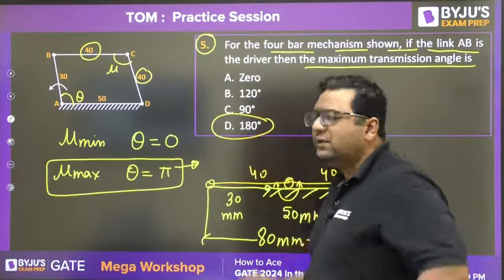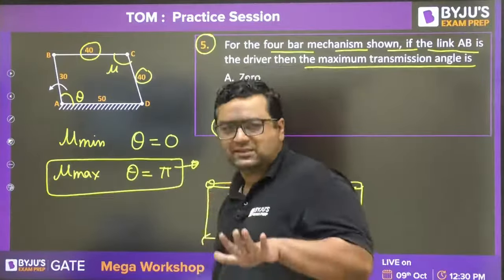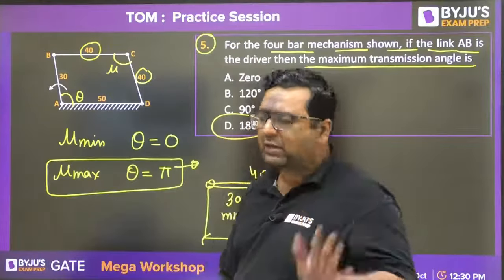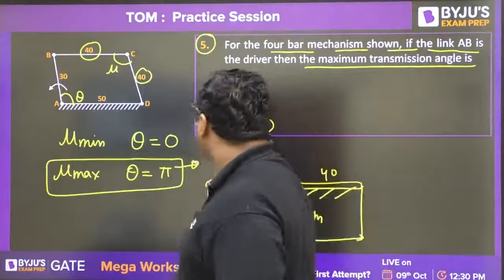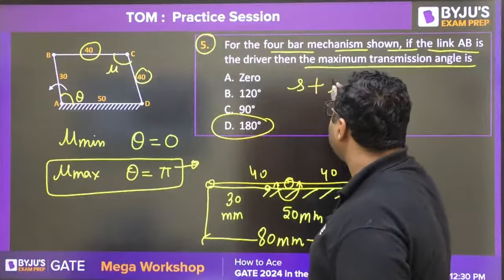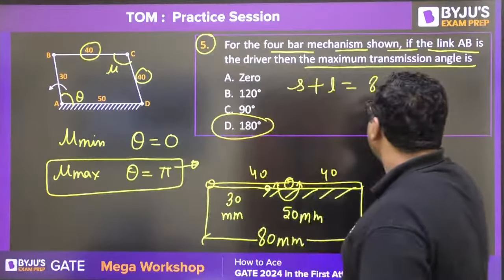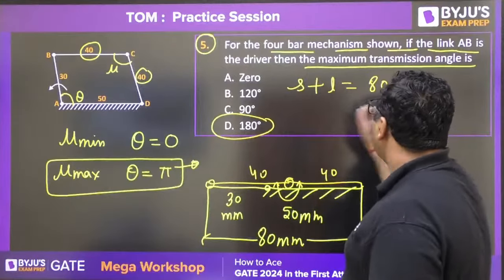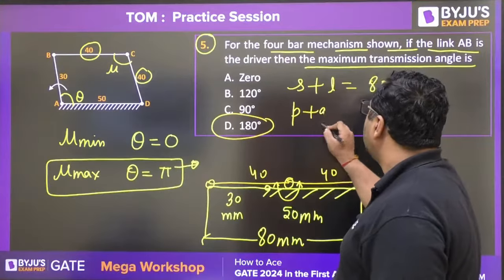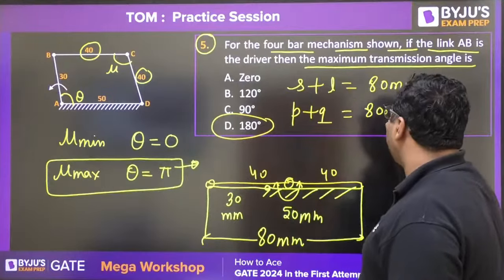But yes, this will be valid if this is a crank rocker mechanism. You can see here shortest plus longest link length; this is shortest, this is longest. It is 80 mm. Then when you find out P plus Q, it once again comes out to be 80 mm.